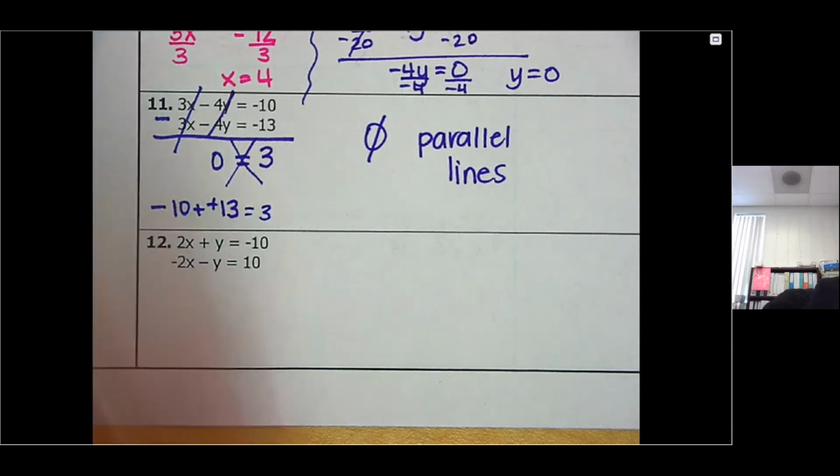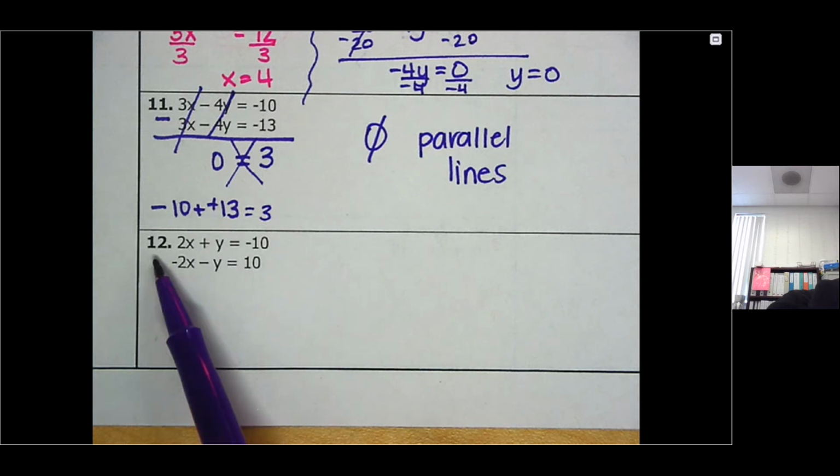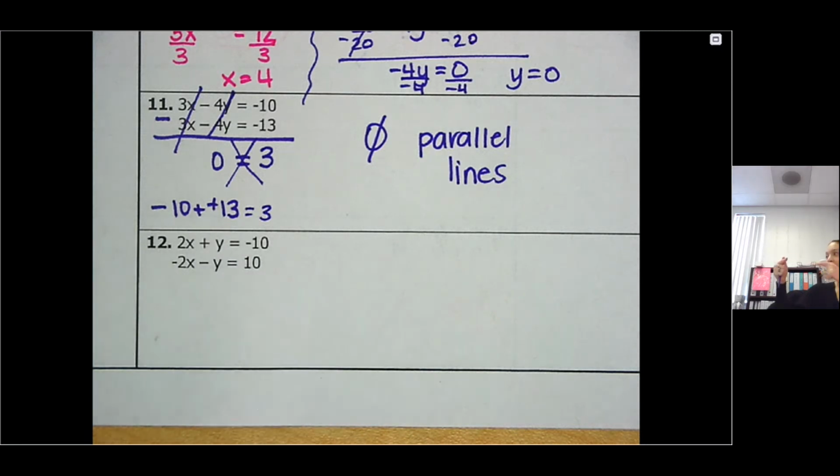Okay, so you've got a positive y and a negative y. Are you going to add them together or subtract them to get rid of them? Well, if you subtract them, that becomes y minus negative y, and minus a negative becomes positive. So it would really be y plus y.